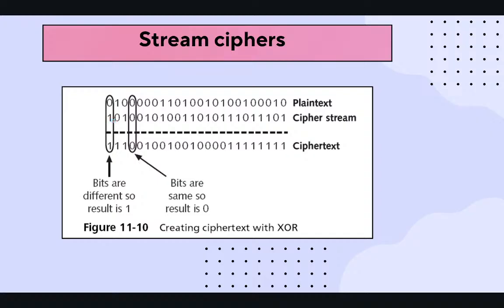When you XOR 0 and 1, you get 1. Basically, if the bits you're XORing are different, you get 1, and if the bits are the same, you get 0. 0 and 0 gives 0 because both bits are the same. 1 and 1 gives 0 because again both bits are the same. If the bits are different, you get 1 as output.